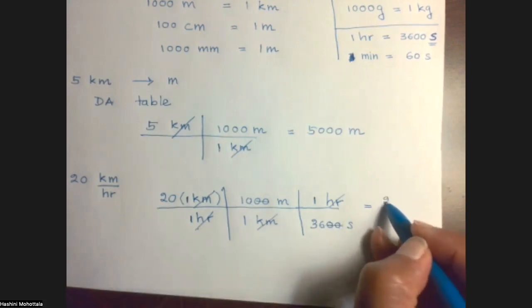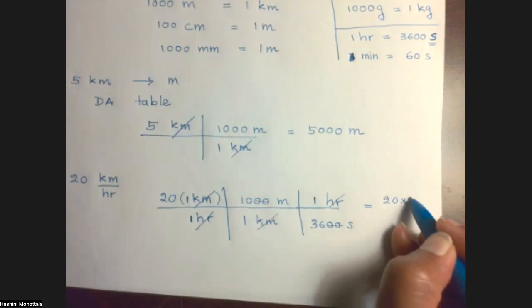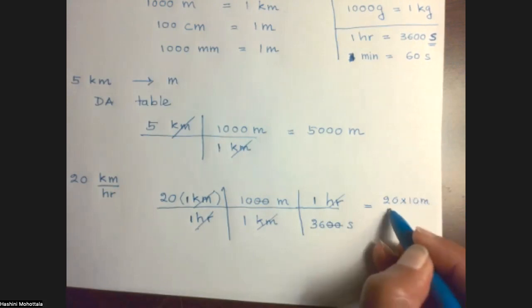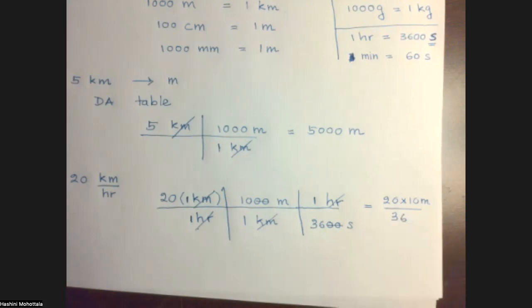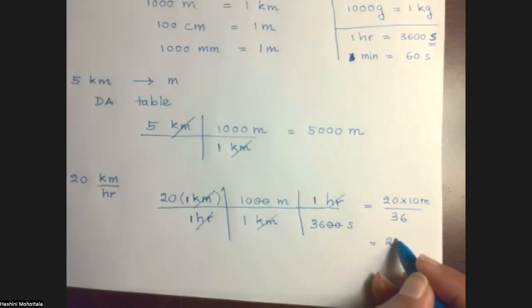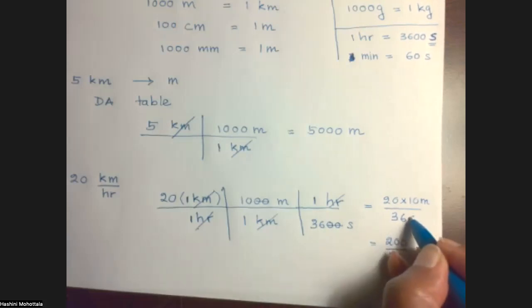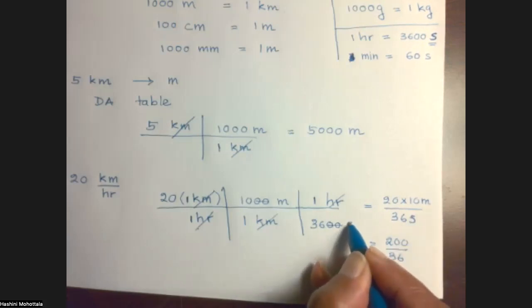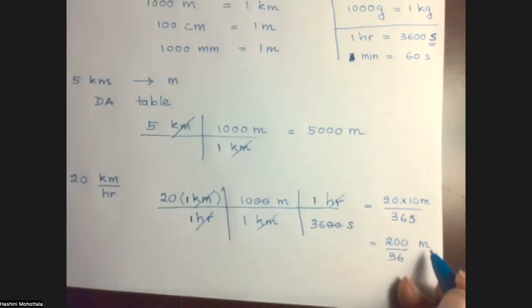There you have 20 times 10 meters divided by 36. I don't have the calculator right next to me, but that would be about 200 divided by 36 seconds. I forgot the seconds here. The final answer will be given in meters per second. As we discussed earlier, meter per second is the SI unit for velocity.